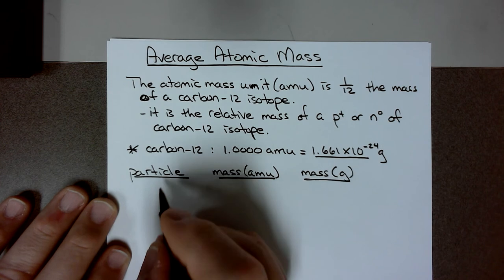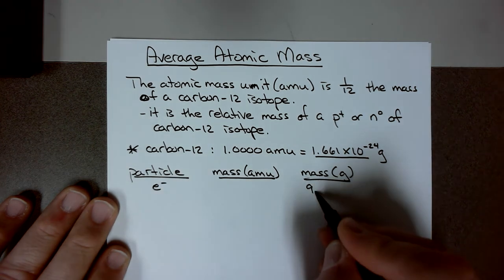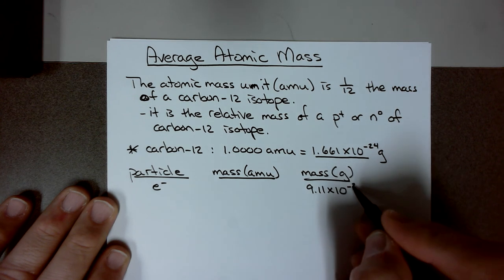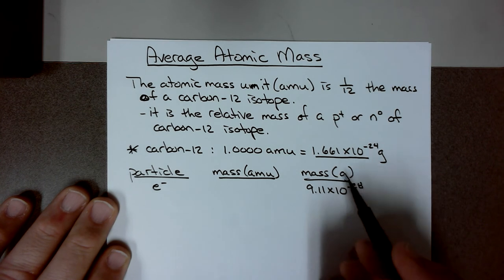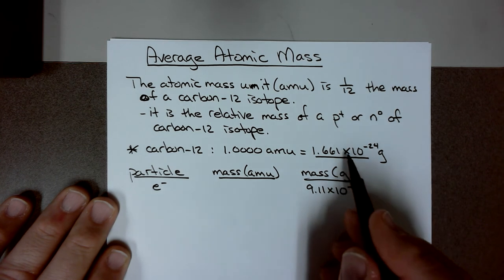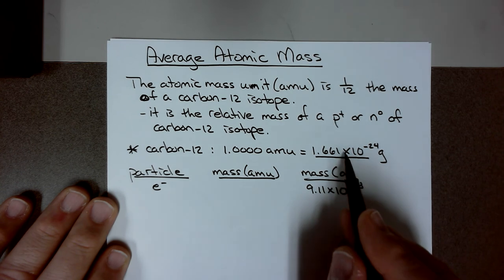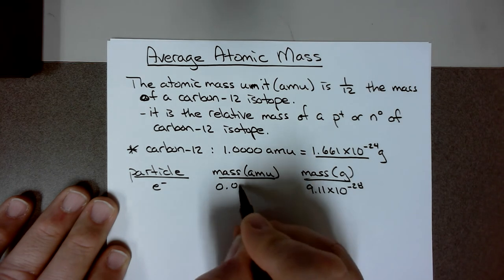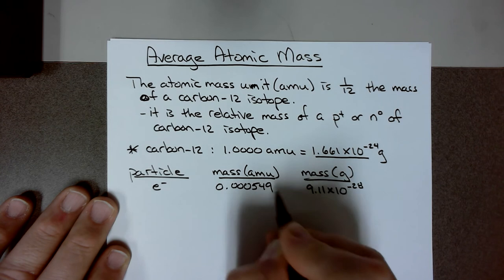If we have an electron, and we know that the electron is 9.11 times 10 to the negative 28th grams, and we divide this value by this value, then we get an atomic mass unit of 0.000549.